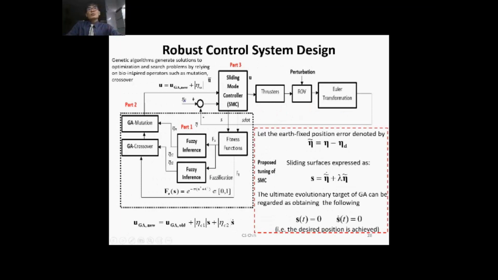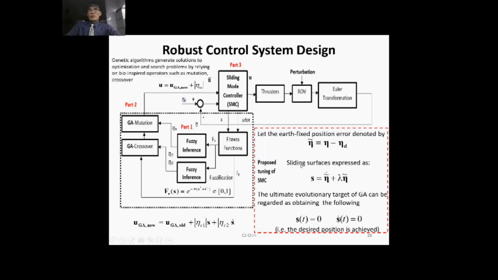So how does this work? Basically, for robust control systems, the genetic algorithm generates solutions to optimization and search problems, relying on bio-inspired operators such as mutation and crossover. You can see that we have this ROV model with thrusters as actuators, and we have a controller called the sliding mode controller. With this sliding mode controller, we have the sliding surface defined by S equal to eta dot plus lambda eta.